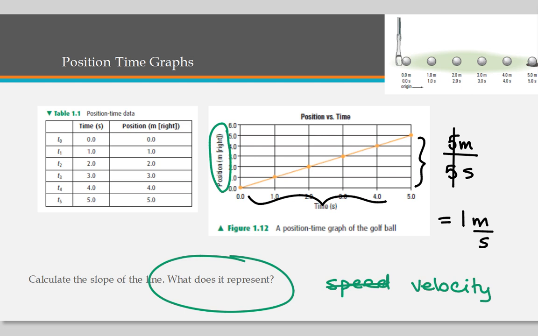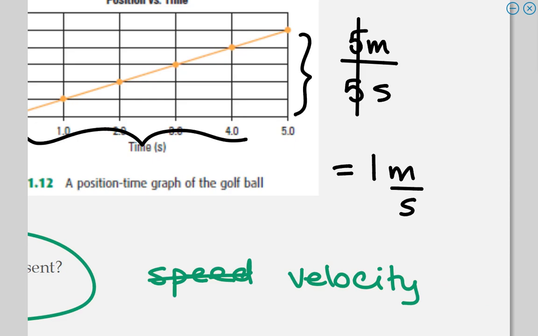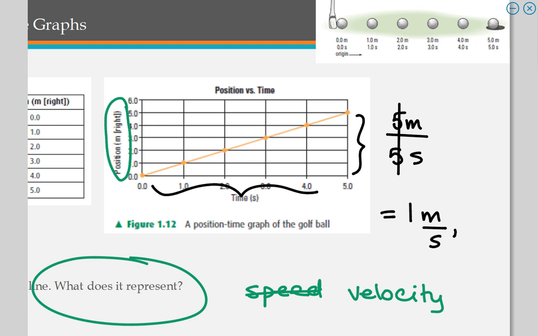So we have to attach a direction to this speed. What is the direction of this speed? Well, we take a look at the graph. The graph says that positive values are to the right. So this is 1 meter per second right. Okay? You guys okay with that?